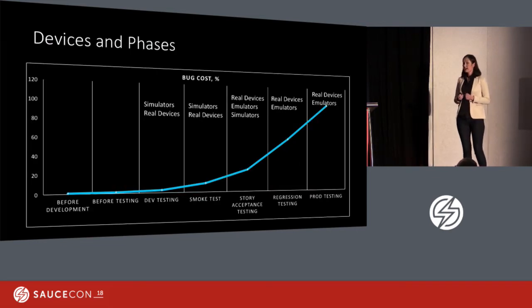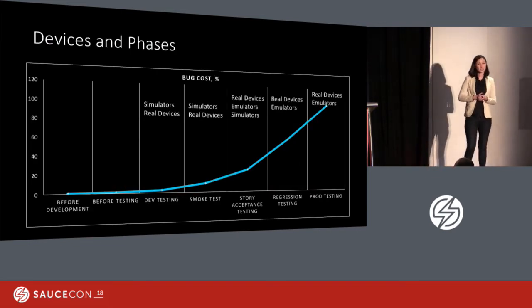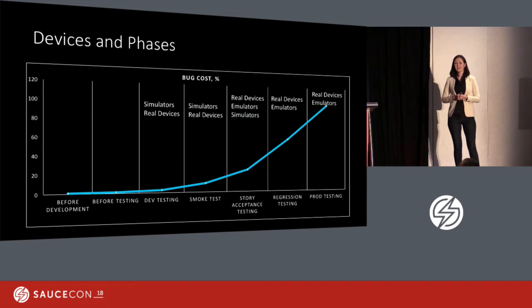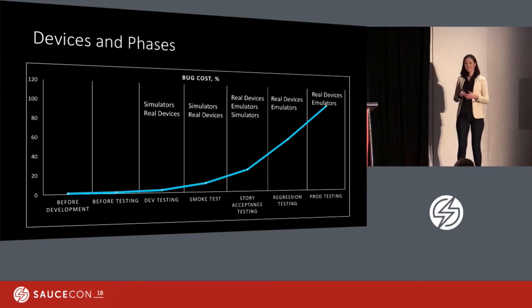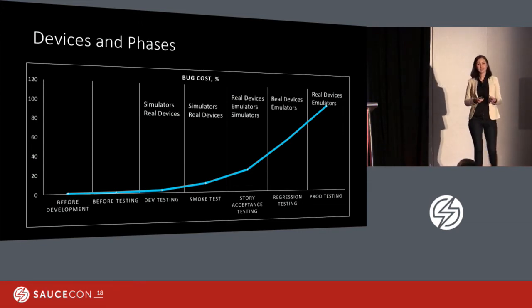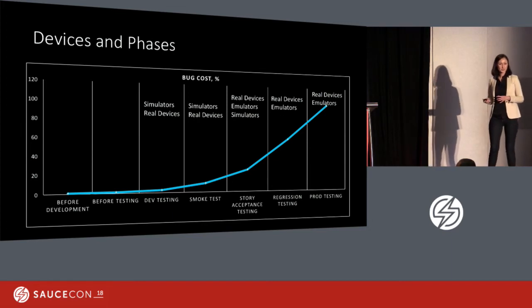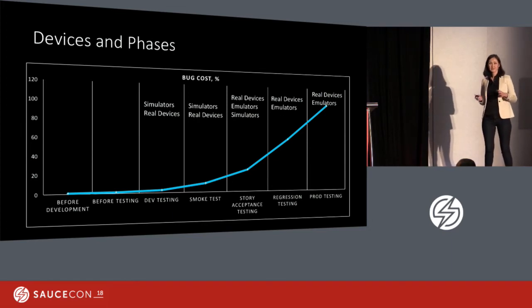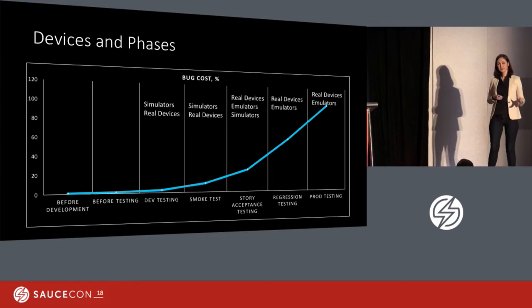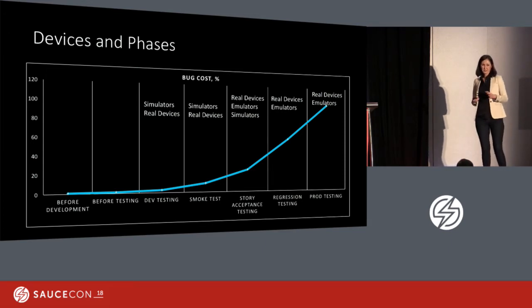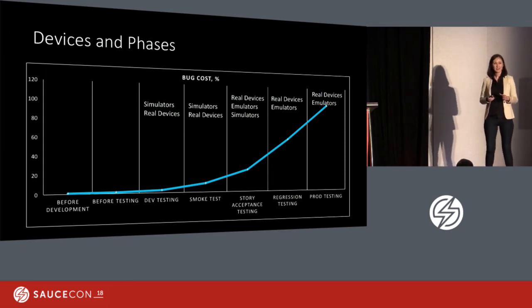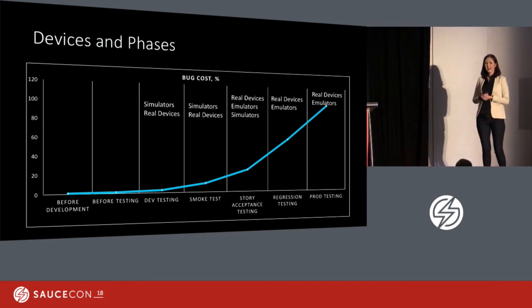What's next? One more topic, which is usually a reason when you talk about emulators, simulators, real devices, is where to use what. Because they have different costs, they have different speed, they are actually quite different and maybe good for some needs and bad for other needs.